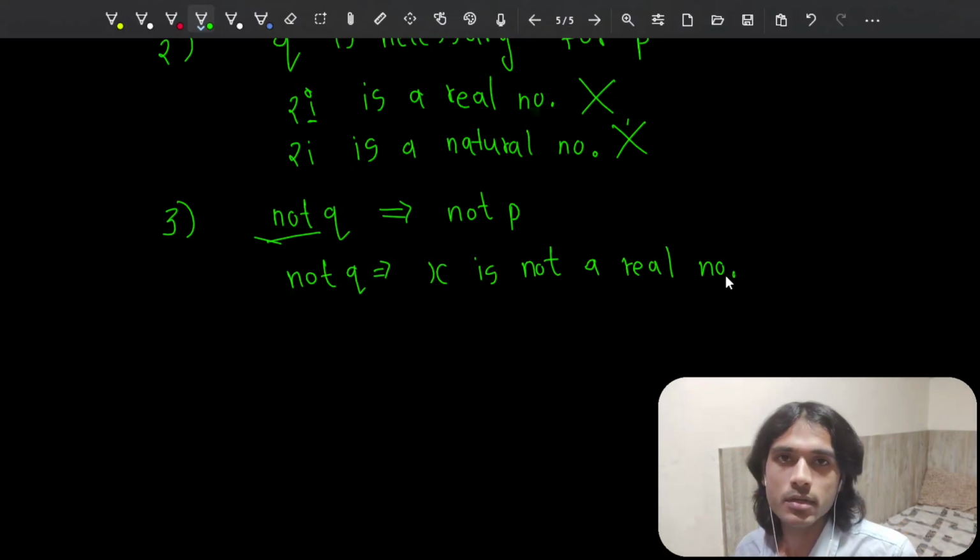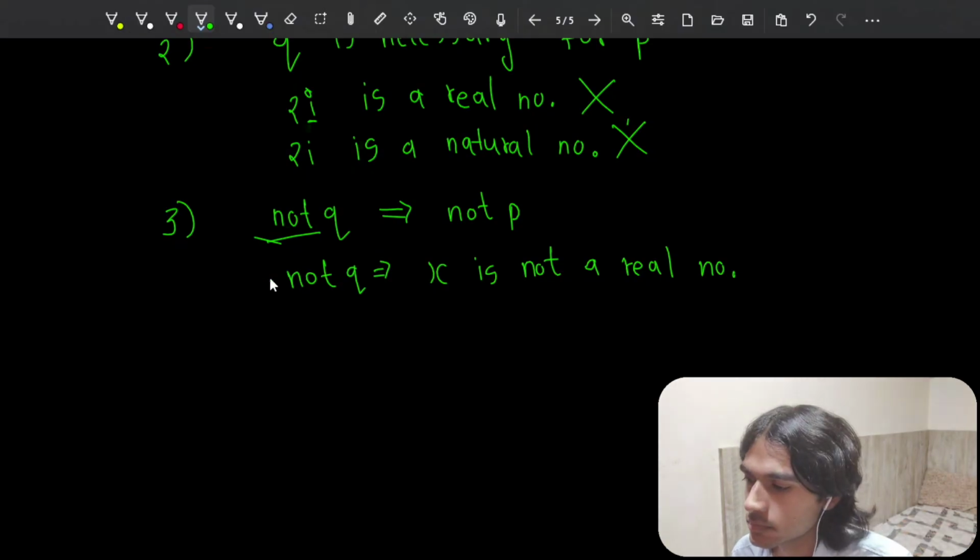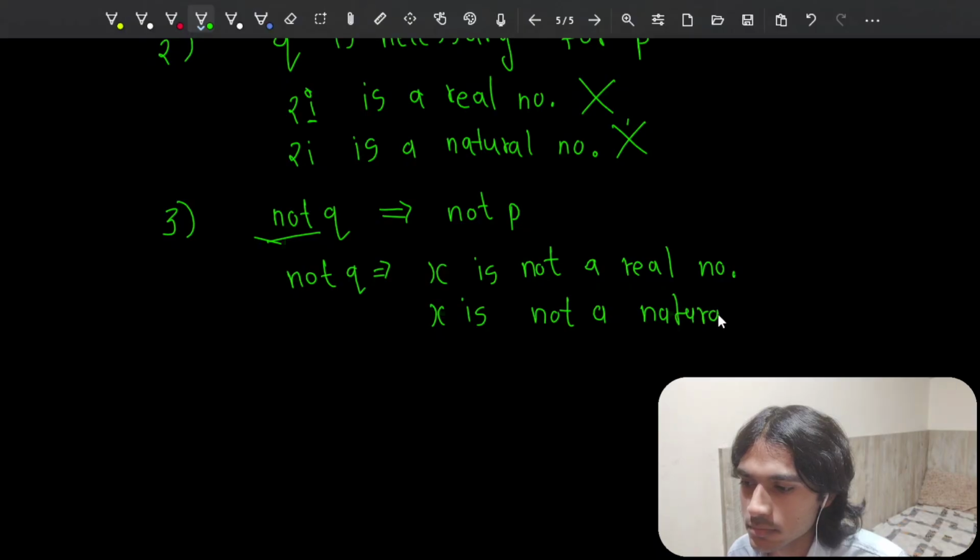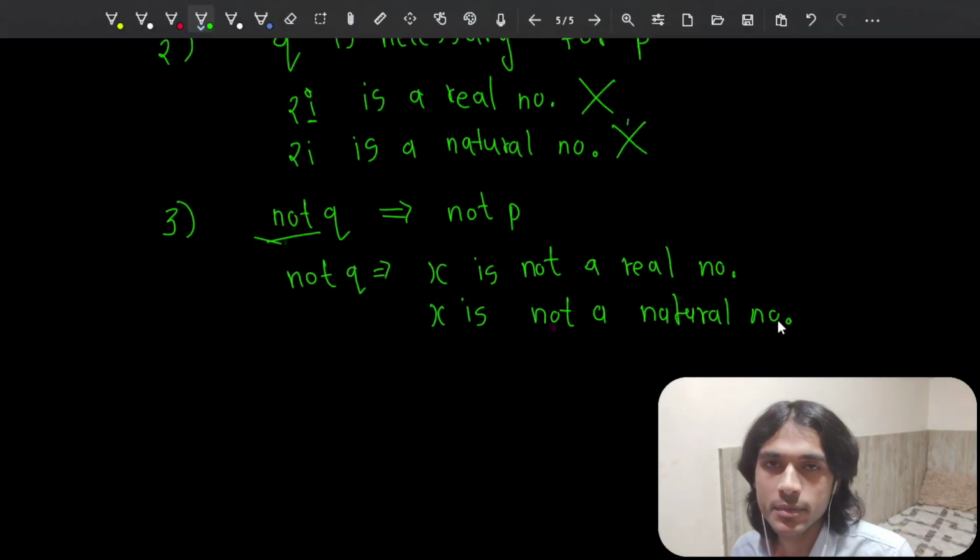Suppose X is not a real number. What does that mean? That implies that X is not a natural number either.